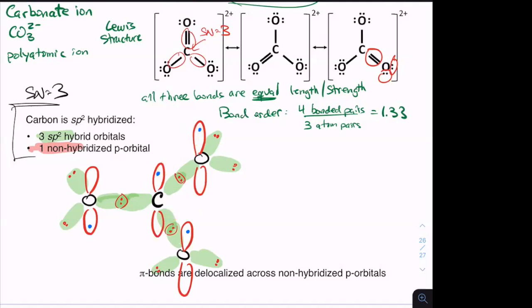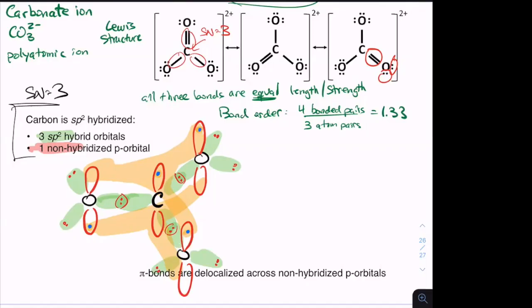All 4 of these electrons, 1, 2, 3, 4, these unpaired electrons, are all being shared in 1 distribution that's above this plane, and in a distribution that's below the plane, just like I showed you for an individual pi bond, but now it's delocalized across 3 different pi bonds, or in this case, 4 individual unhybridized p orbitals.